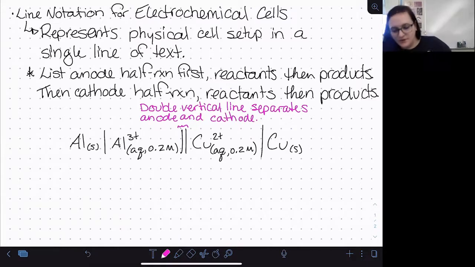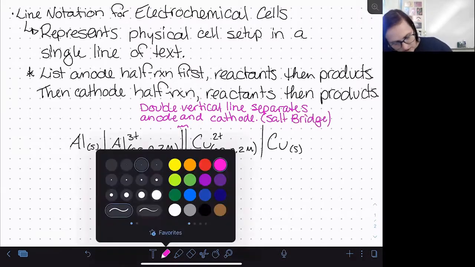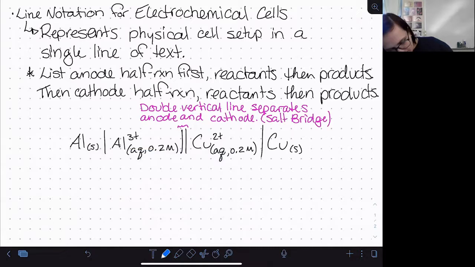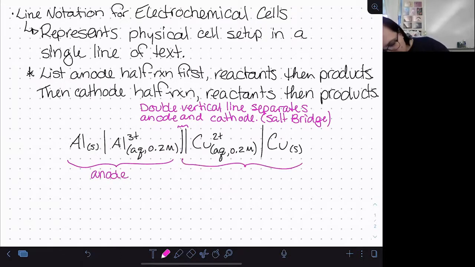Effectively, it represents the salt bridge, is how I like to think of it. That is telling us that everything to the left is involved in my anode reaction. Everything to the right of that double vertical line is involved in my cathode half reaction.